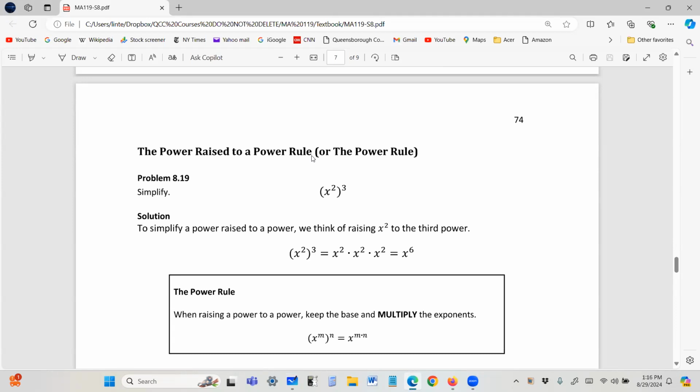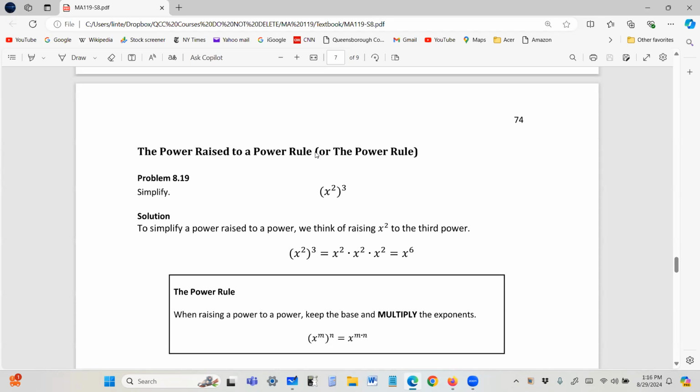If you have an exponent of another exponent, as you can see here in problem 819, x squared raised to the third power, all that we do is multiply the two exponents. So this will be x to the 2 times 3, which is x to the 6.